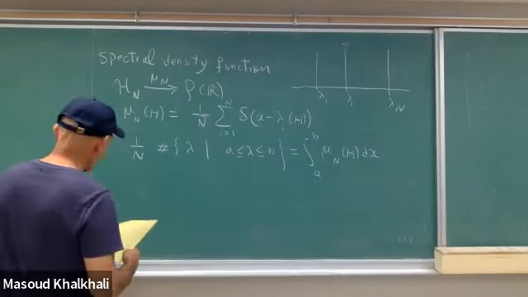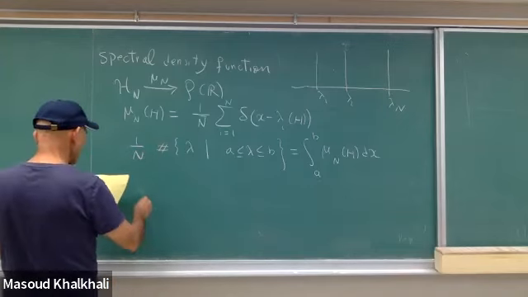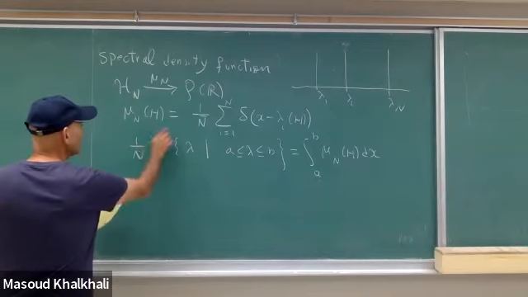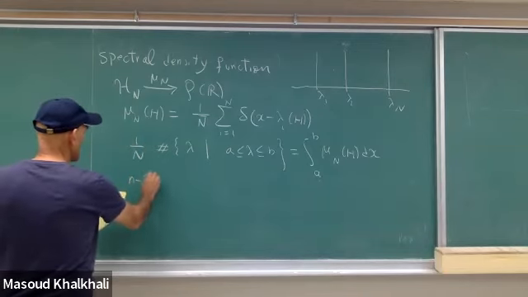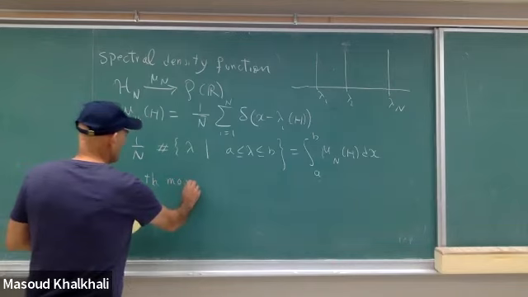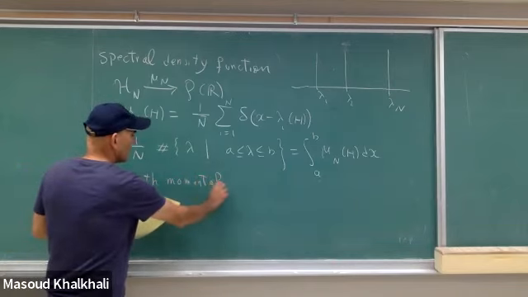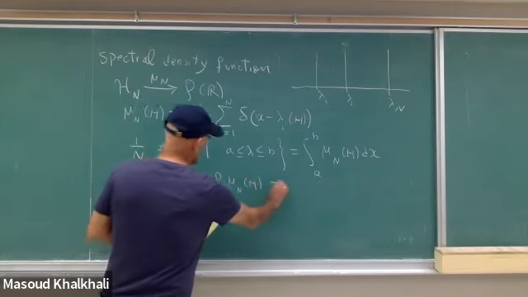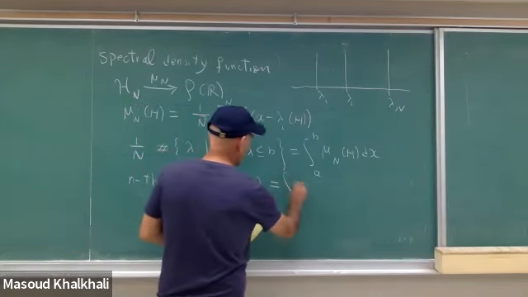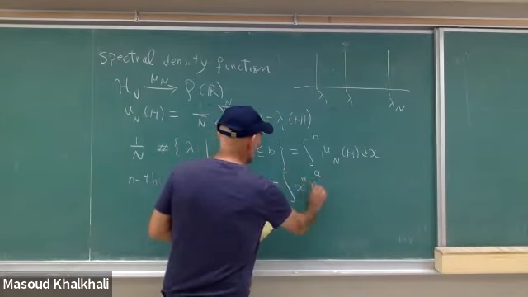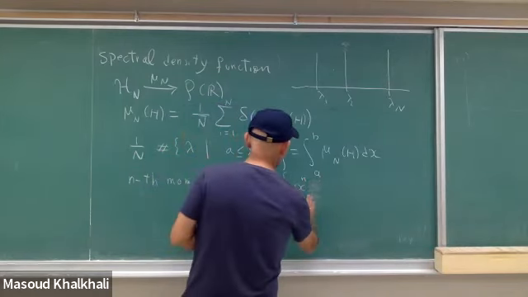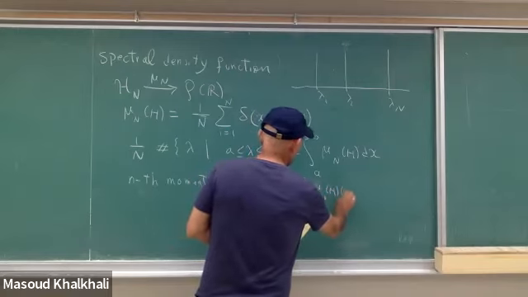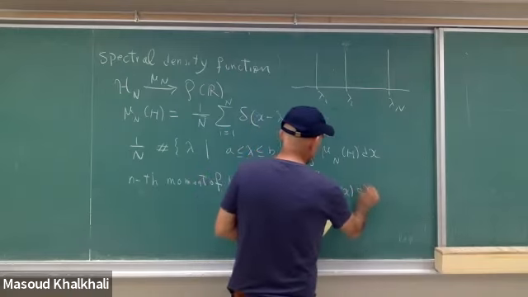Now, there is something very, very nice here which you have to notice. The question is the nth moment. Let us note that the nth moment of this mu n of H is by definition nothing but the integral over R of x^n times mu n of H, which is a function of x, dx.